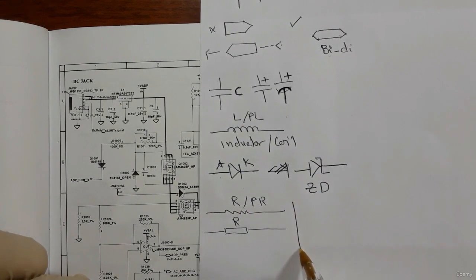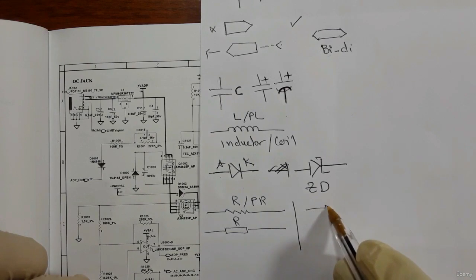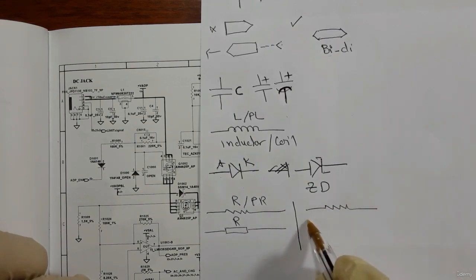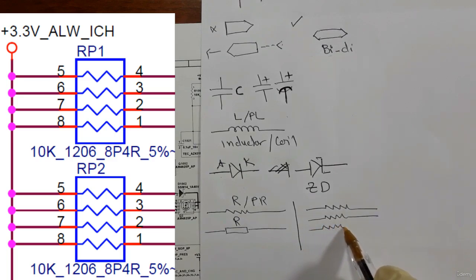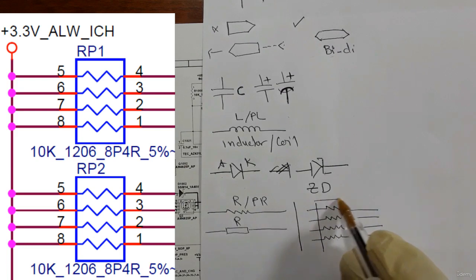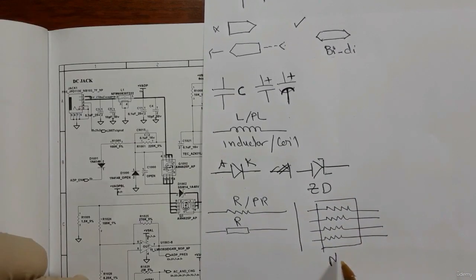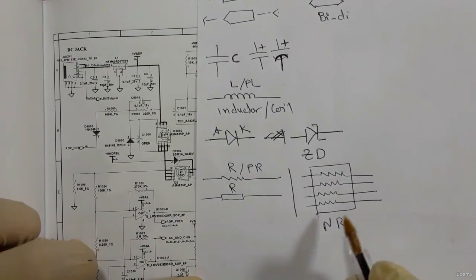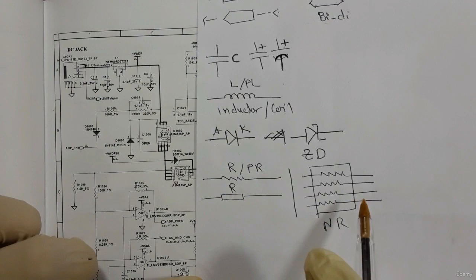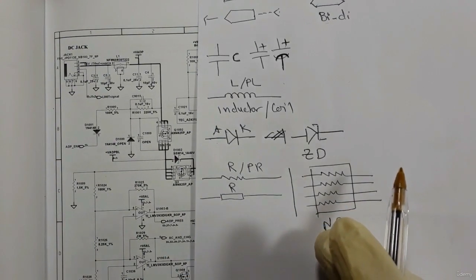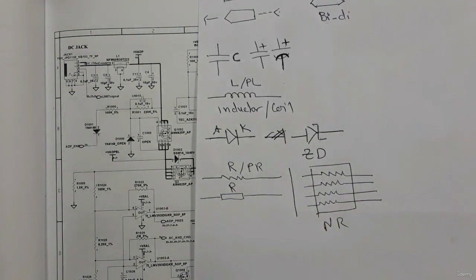There is another type of resistor, as you can see here, a network resistor. A network resistor is a resistor that contains many resistors. We always find this kind of resistor in the motherboard, especially in RAM. I will show you a RAM in the motherboard.